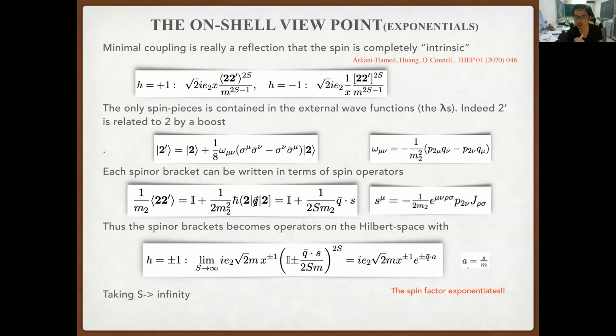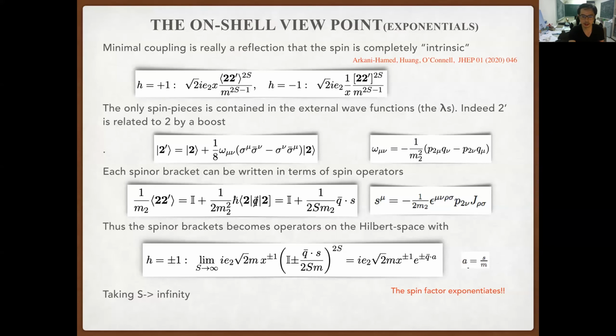The Lorentz rotation can be derived kinematically. If you plug this in, the 2 bracket is given by the identity, where this identity is an operation in the SU(2) spin space, plus this extra factor, which you can immediately identify as the null momentum dotted into the spin vector, where the spin vector is just the Pauli-Lubanski spin vector.